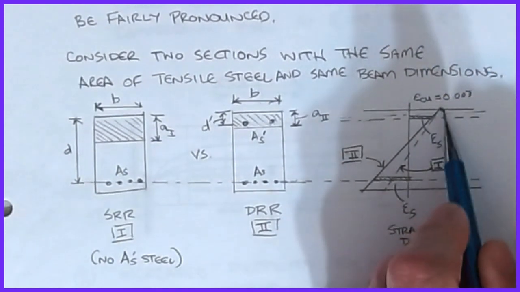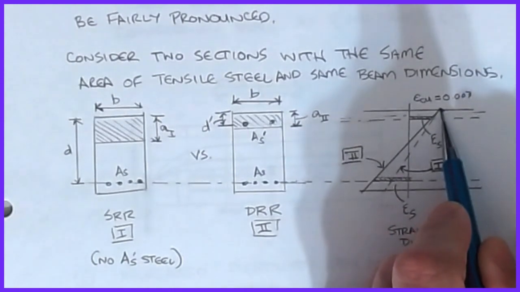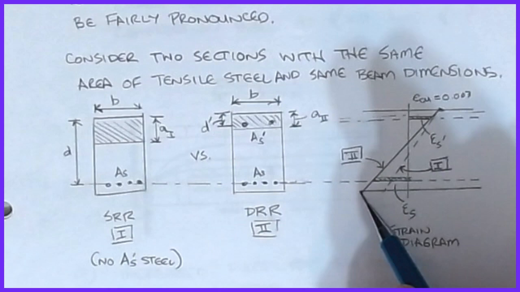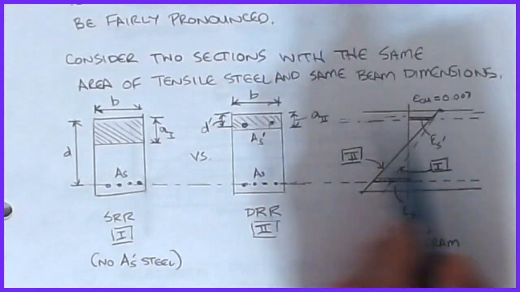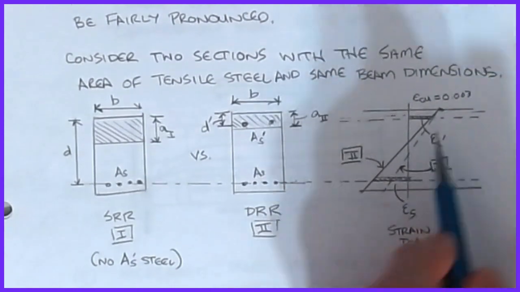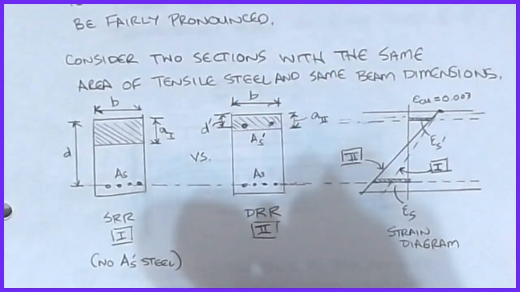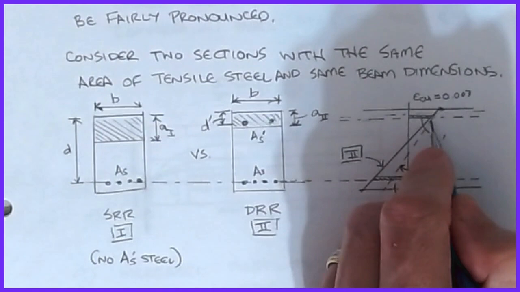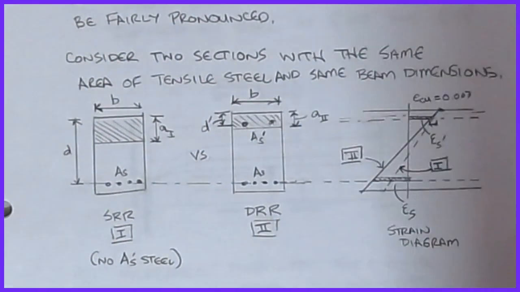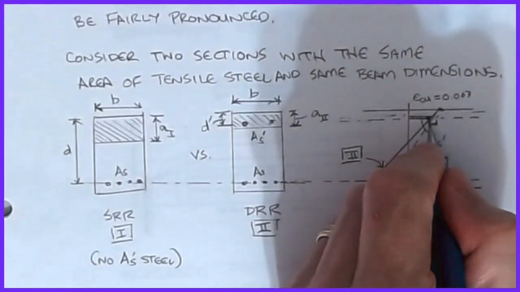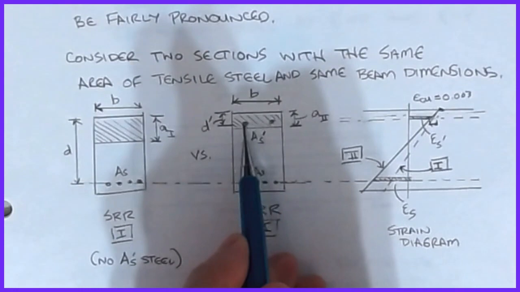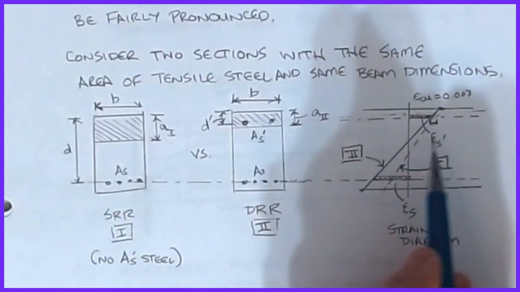If you think about this point at the top of the beam as a pivot point, the solid line becomes the location of the strain diagram when I put that extra steel in, because again, we're sticking with the assumption that plane sections remain plane, that it is a linear strain diagram between these. There's a bit of a difference between here and here now. This is where it was before, and this is where it ended up after. The strain at the location where the compressive steel has been added is decreased.